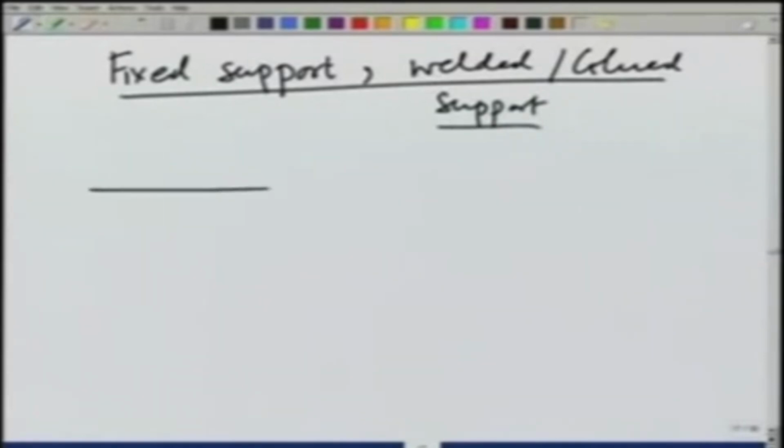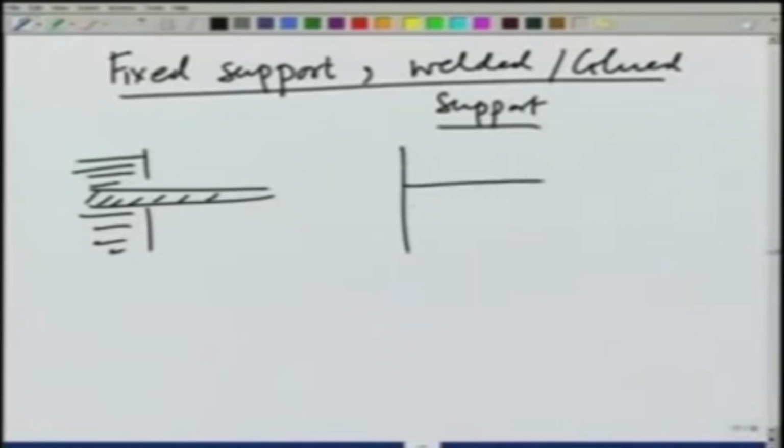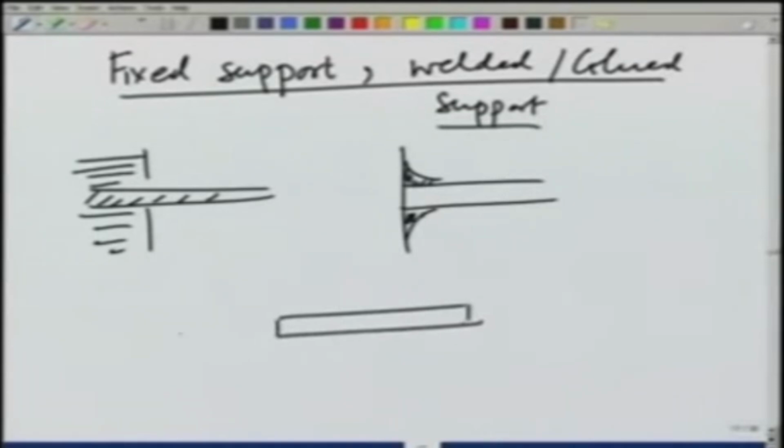It was a support that was either built in a wall, or it was something that was welded or glued here. And these supports could provide a force in x direction, in y direction, as well as a torque tau.